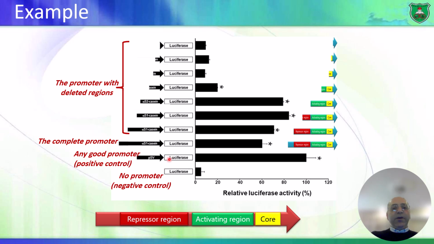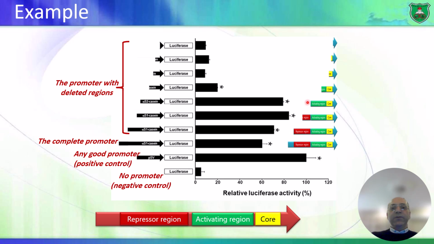So I have, again, the luciferase gene under control of the whole promoter region. And then I start chopping up this piece of DNA. I remove this part, then I remove this part, creating this.